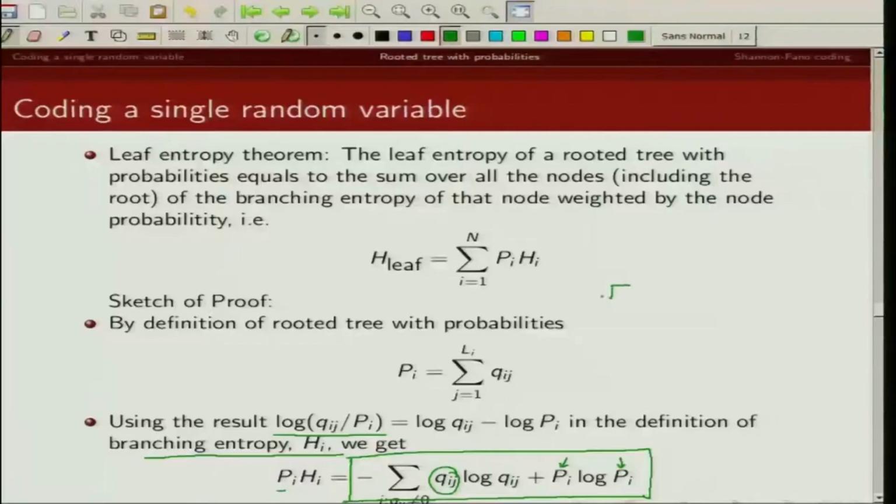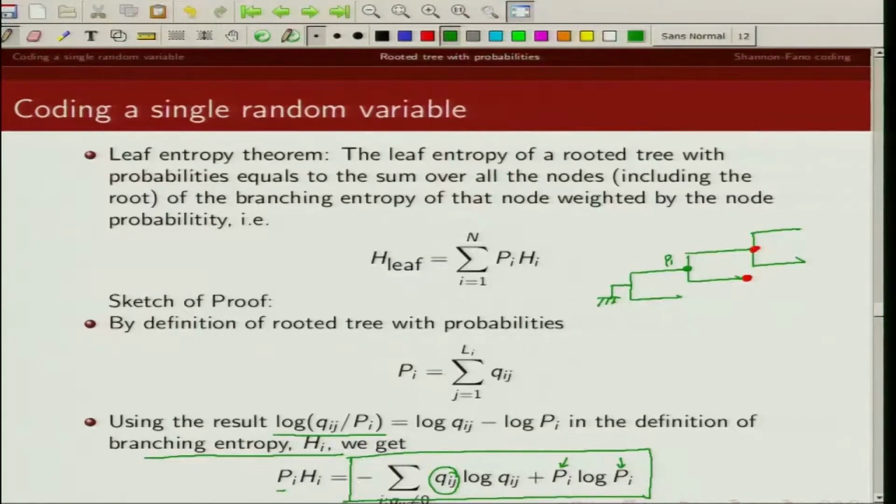So if you have a tree like this, and let's say I am looking at this particular node, then Pi is the occurrence probability of this node, whereas Qi1 and Qi2 are these two. So these in the red are the probabilities at these nodes, my Qij's, whereas in green I have my probability of Pi.